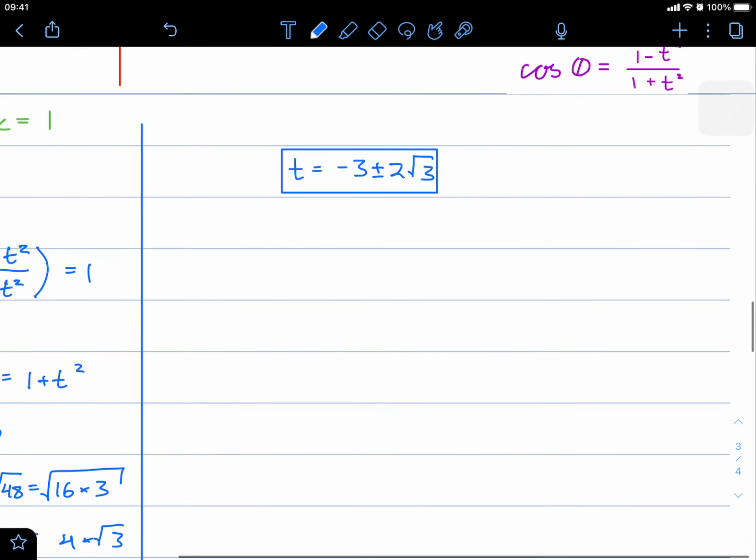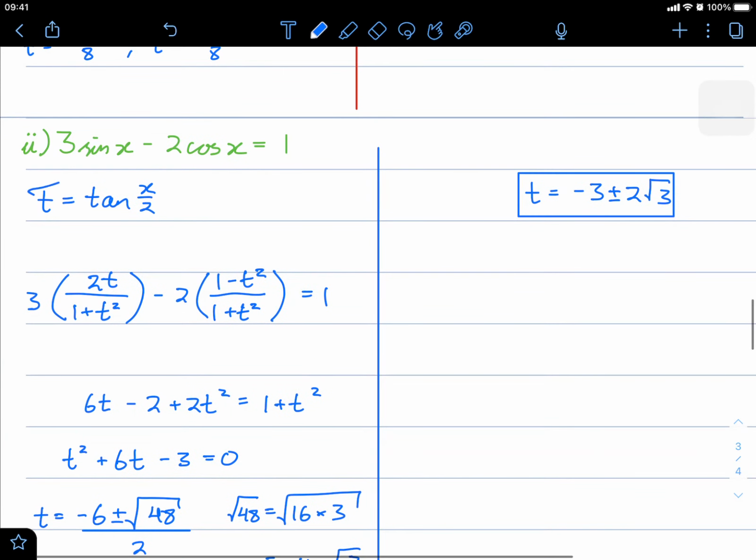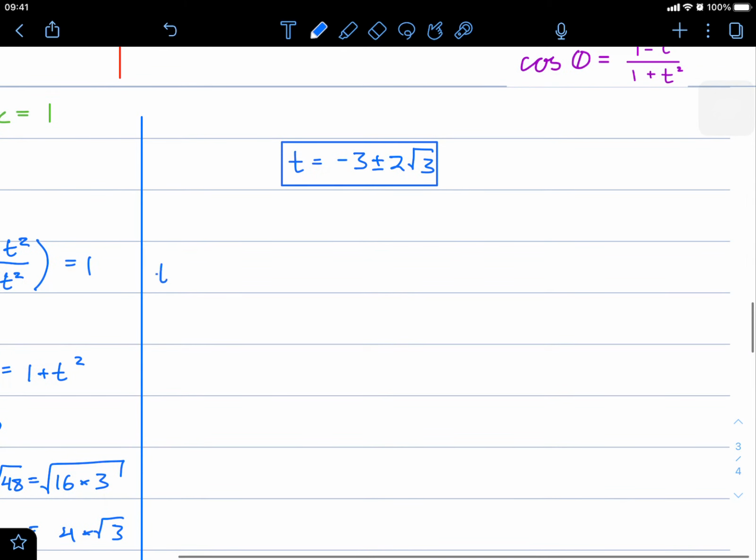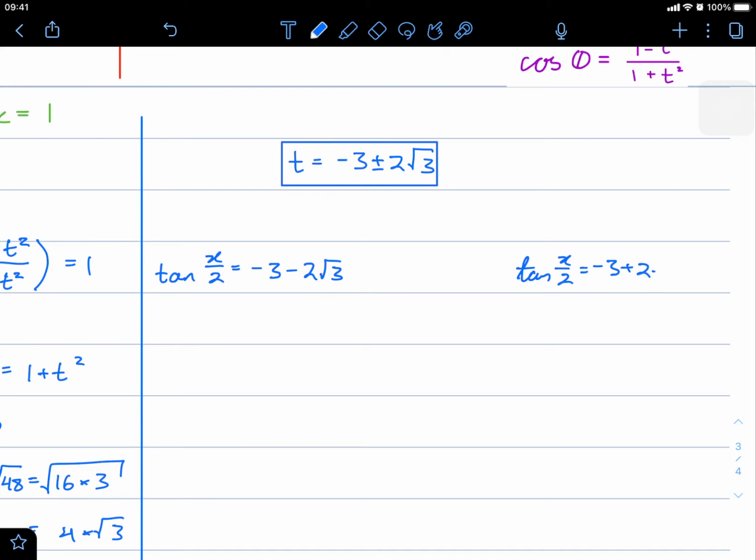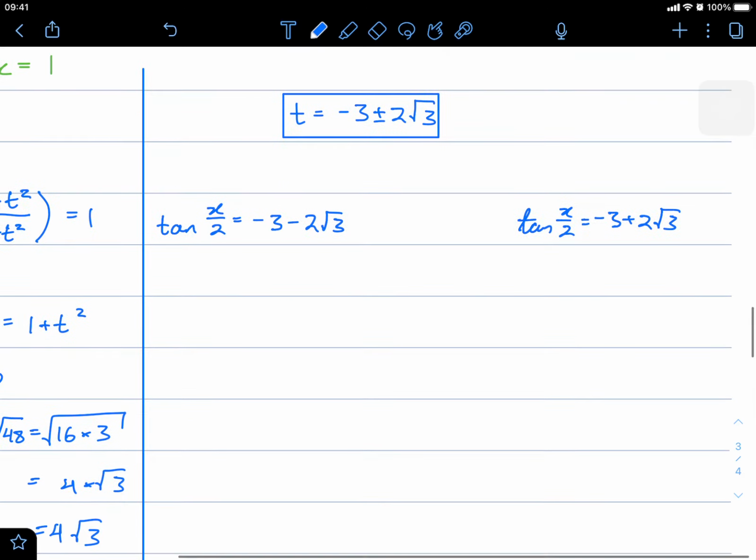Now from here, remember t was tan of x over 2. So let's resubstitute that. Negative 3 minus 2 root 3 and tan of x over 2 is equal to negative 3 plus 2 root 3.